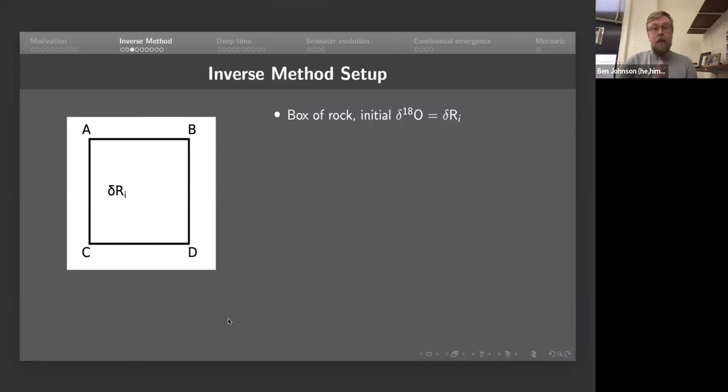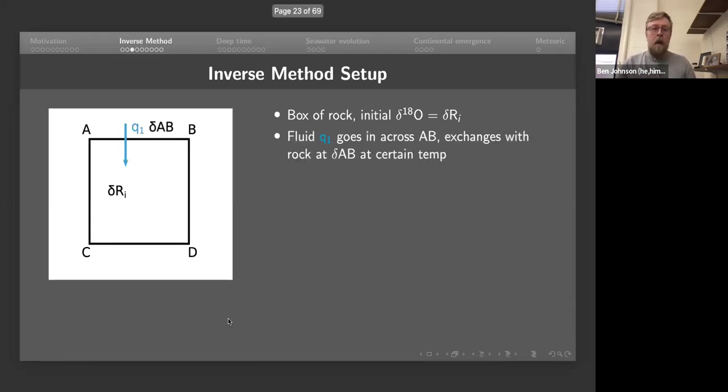And so the approach here for this inverse method is, let's take a box of rock. We have a box A, B, C, D. It has some initial δ18O value, delta Ri. If we say a fluid, say Q1, goes in across that boundary, AB, there's going to be some exchange of isotopes as a function of the temperature that exists at that boundary, right?